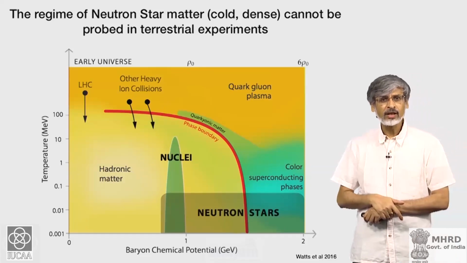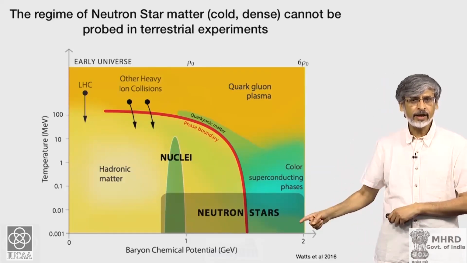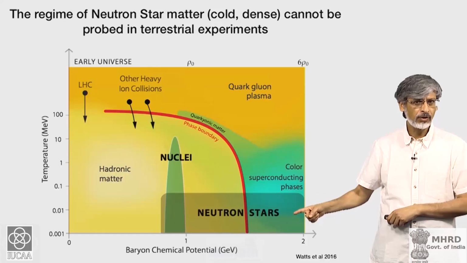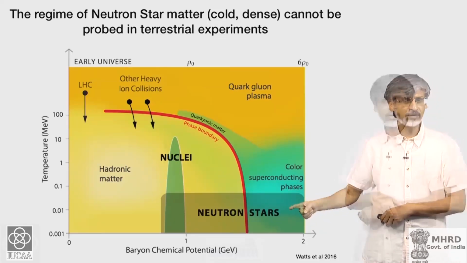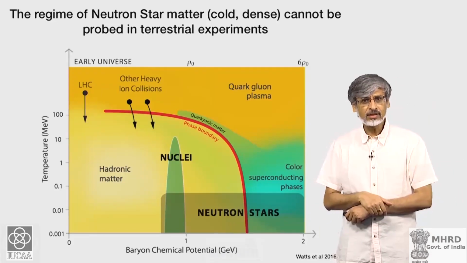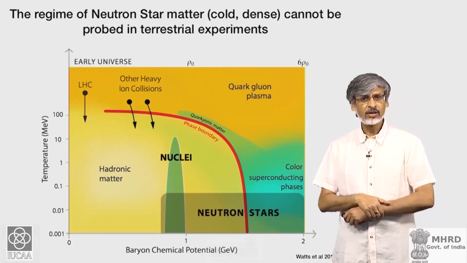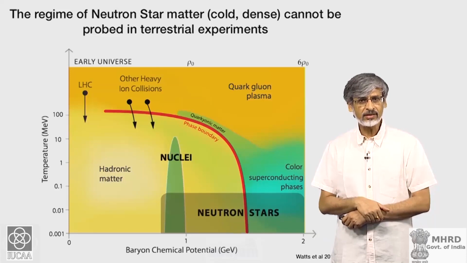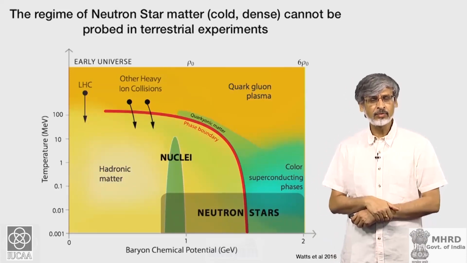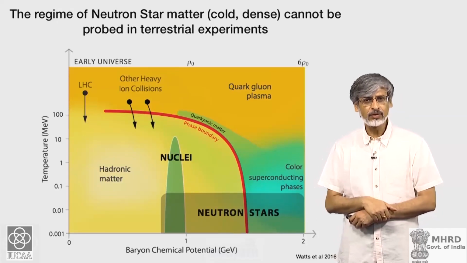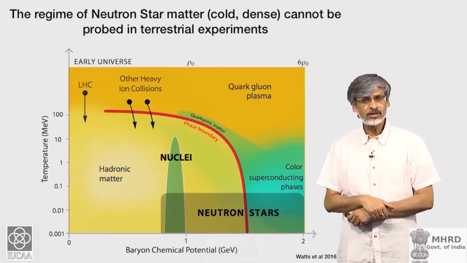So, that is why there is no direct experimental probe of how the nuclear forces behave in this region. Why can't we address this theoretically? After all, this is just a strong interaction, and from theory of strong interaction one should be able to predict what the behavior of nuclear forces should be in this regime.